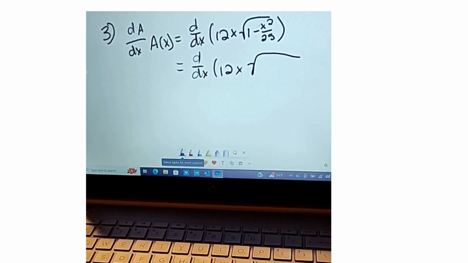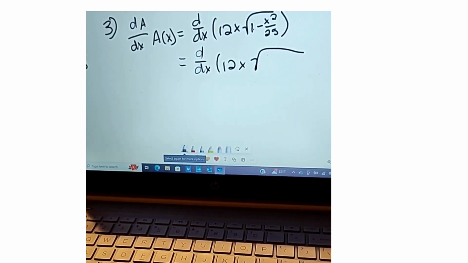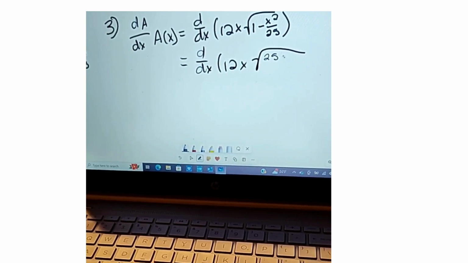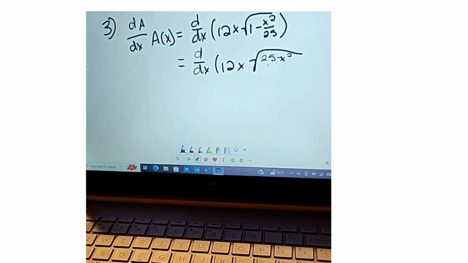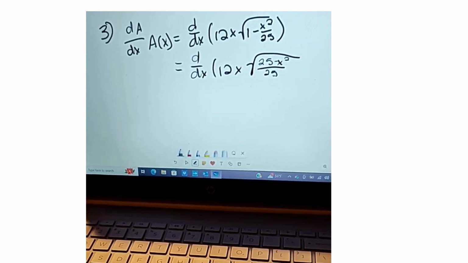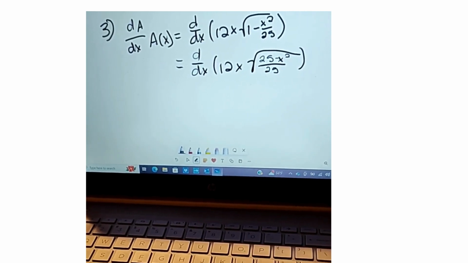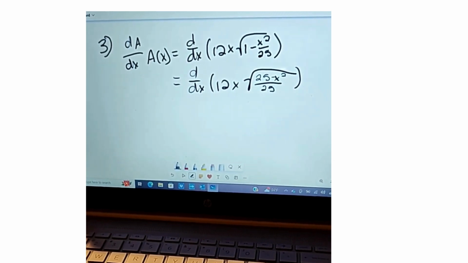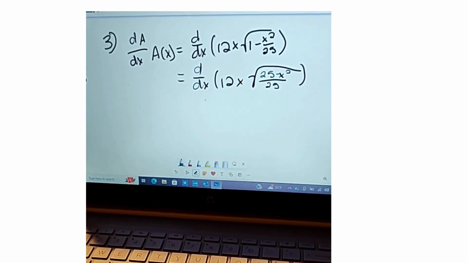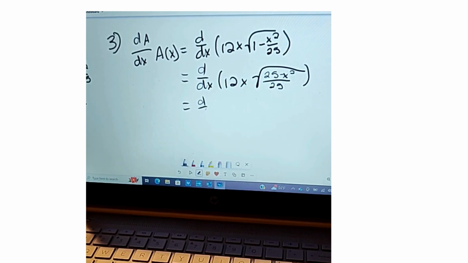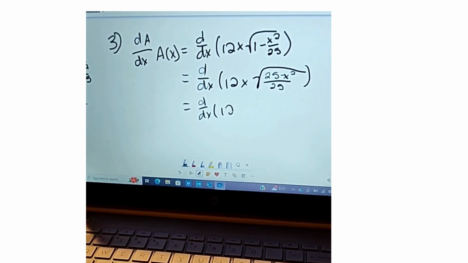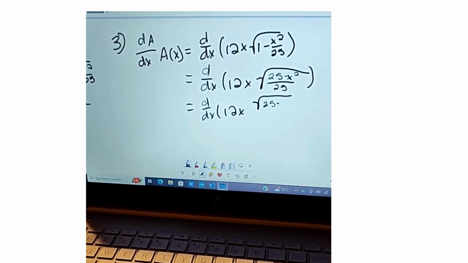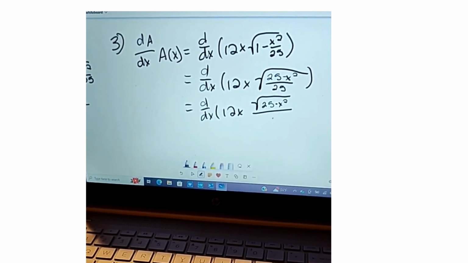We're going to deal with this part inside first. So we're going to put this as 25 over 25. Don't forget your negative sign in there. And so then we have the square root of 25, which is actually 5. So we can take that out. So then we're only left with 25 minus x squared all over 5.